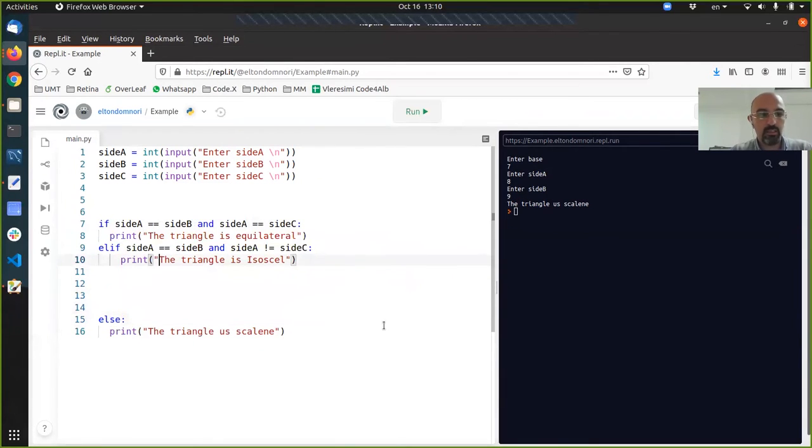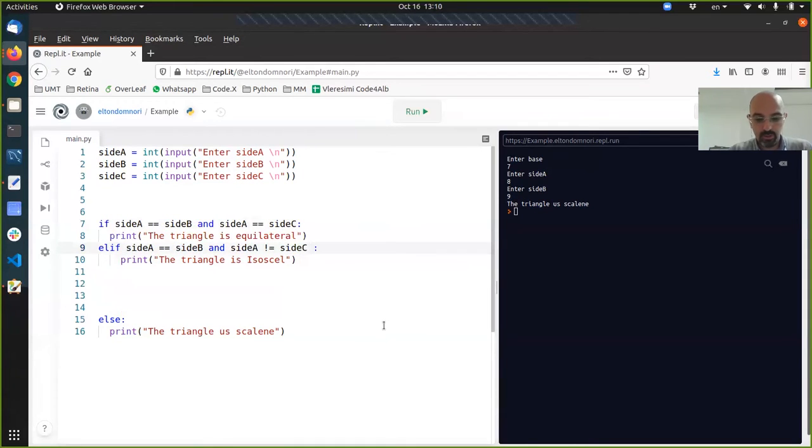But it is not the only option, because in another case, we might have that A is equal to C but different to B, or B is equal to C but different to A. It's all about how we identify the angles. But we have 3 possible options.